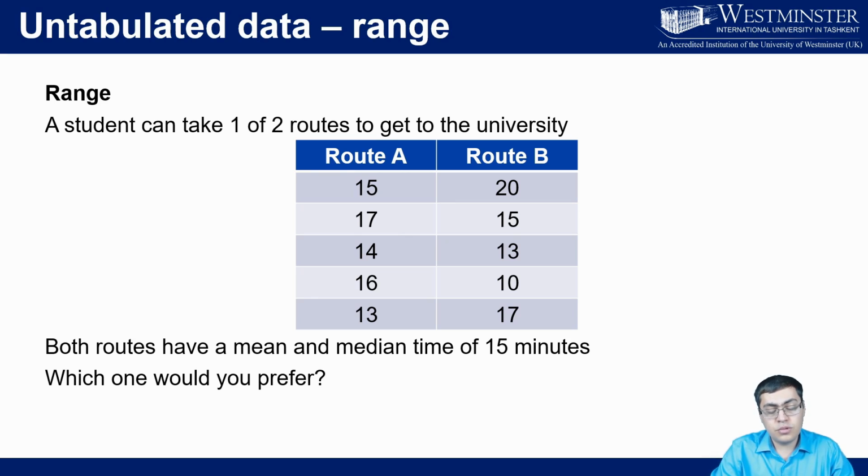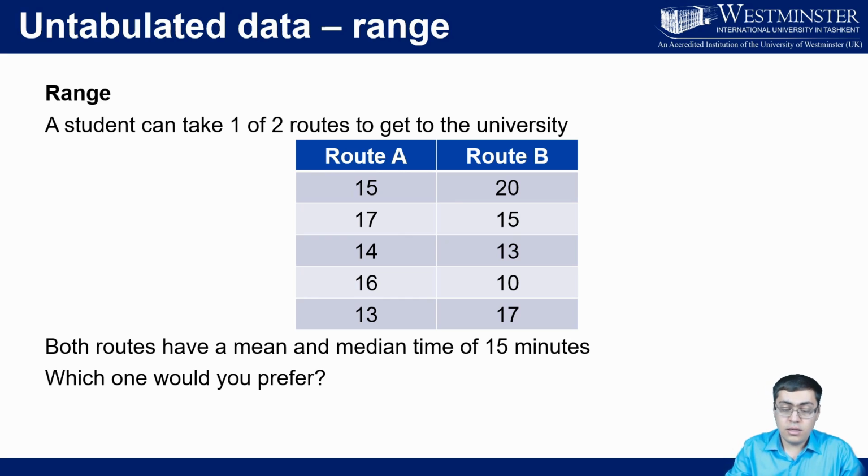But if you look at route A, you can notice that the numbers are a bit closer to each other, so that they are a bit more consistent, and as a result, slightly more preferable to route B, where you can see that if you take route B, then the time it takes you to get to university can range anywhere from 10 to 20 minutes.